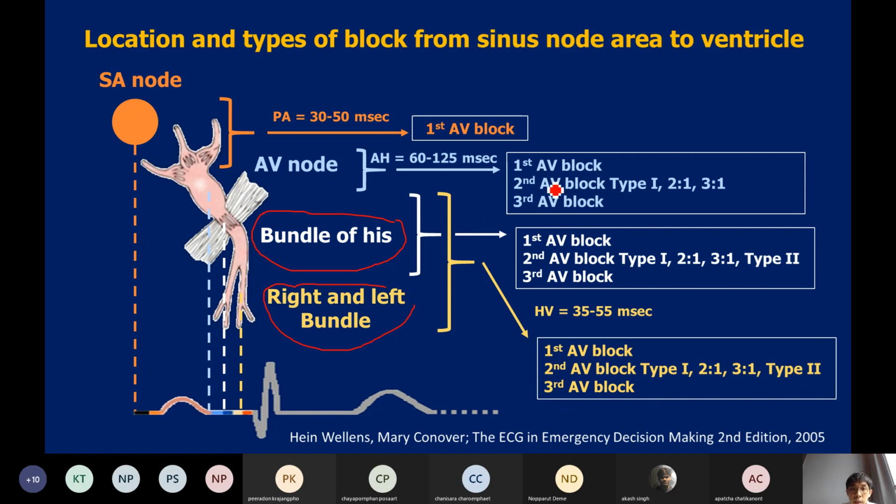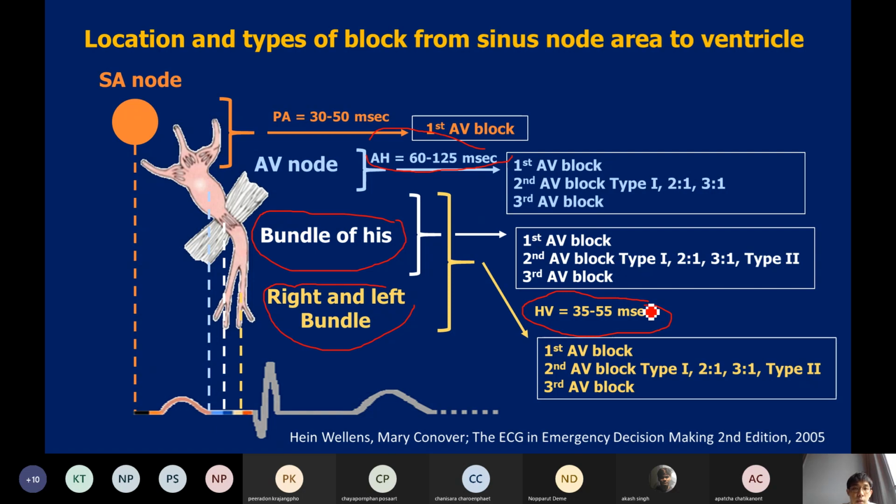And you can see here the AH interval and the HV interval. We could measure these. The AH is the interval between atrium to His bundle, and the HV is the interval between His bundle to the ventricle.